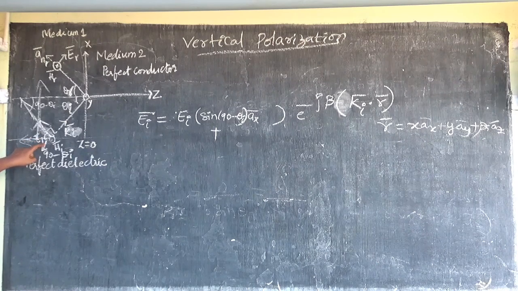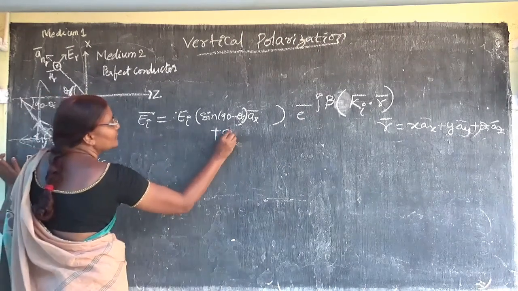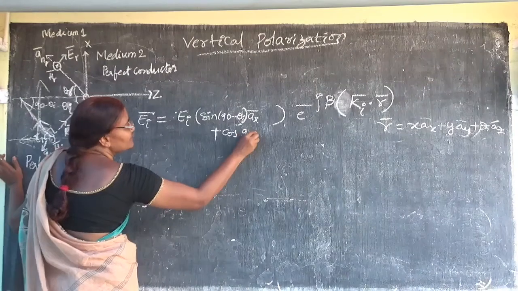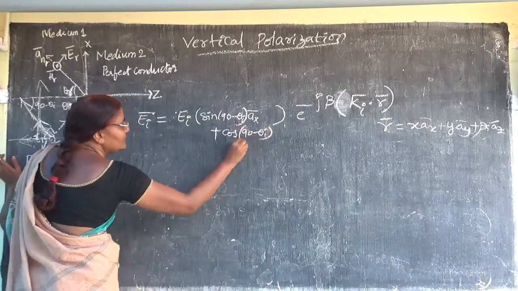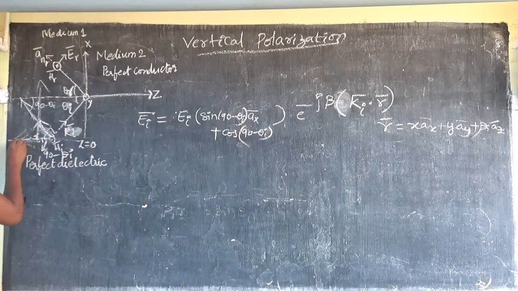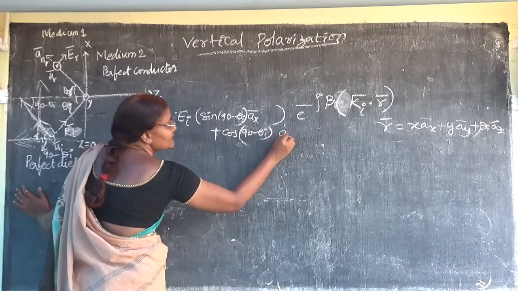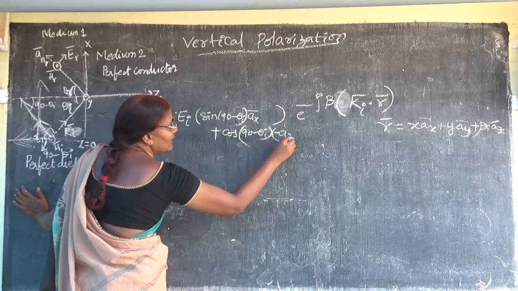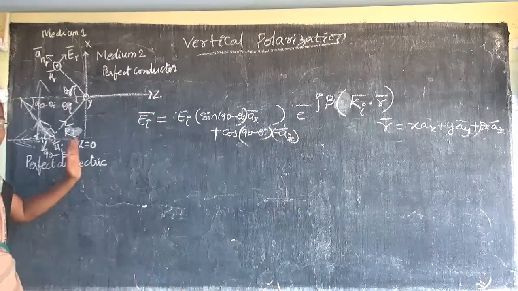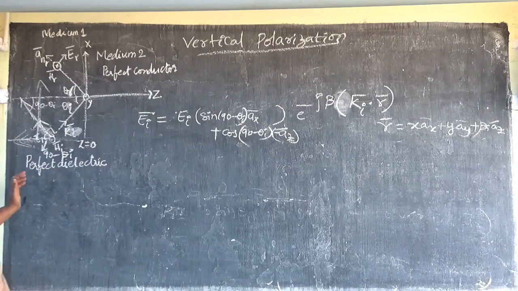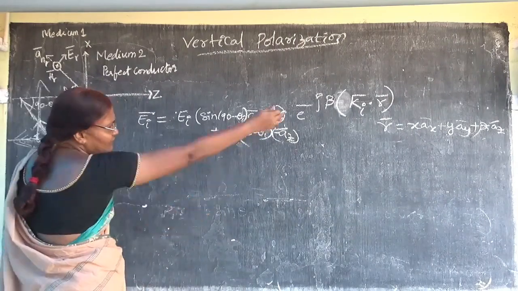Cos. So this horizontal component is going to be cos of 90 minus theta i along which direction? Along the minus az bar direction, so along the negative z direction. And I should write that also.